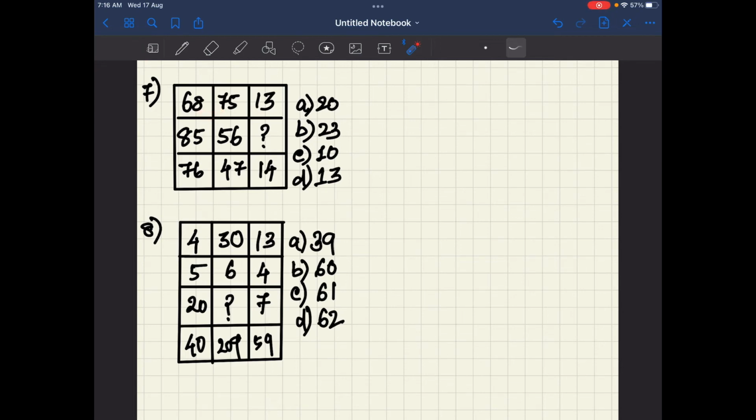But 68 minus 75 or 75 minus 68 is not 13, and in this case also it is not possible. So we can find the logic that 6 into 8, if we differentiate its digits 6 and 8, we can find 6 into 8 is 48, 7 into 5 is 35, and their difference is 13.